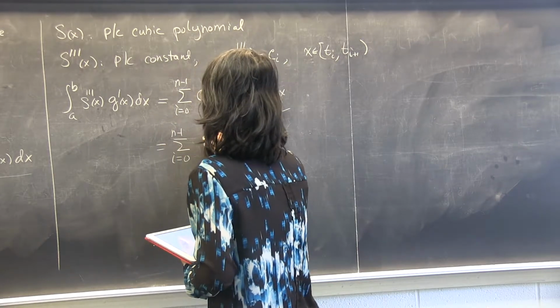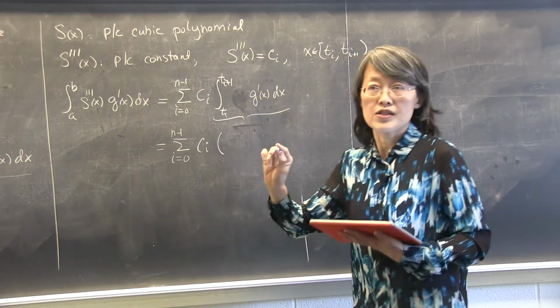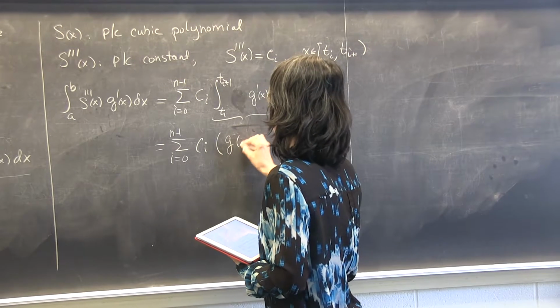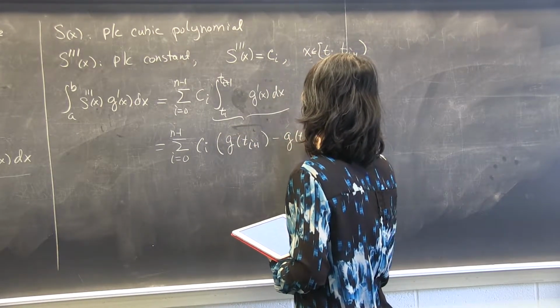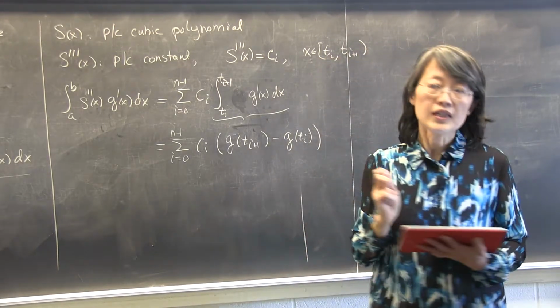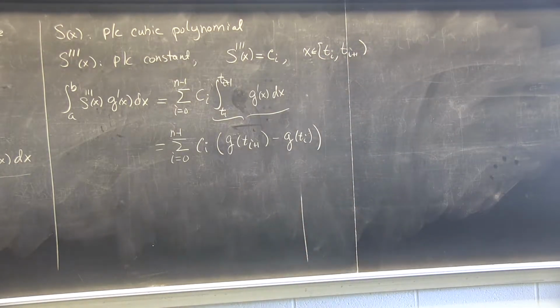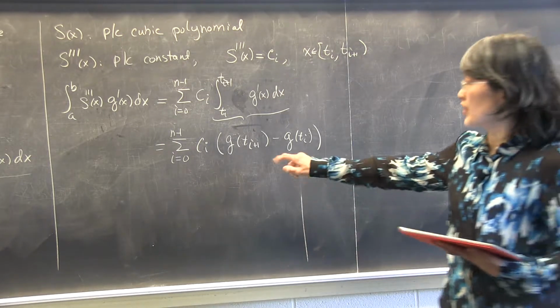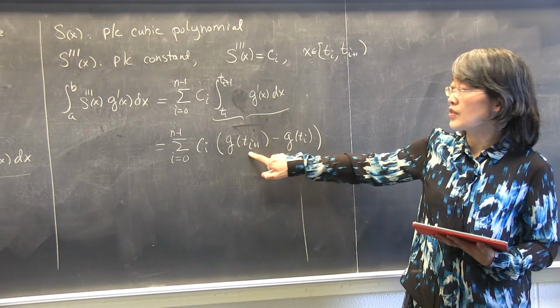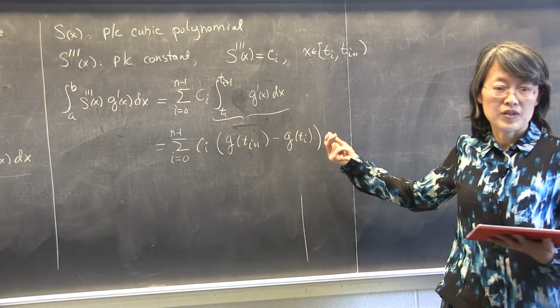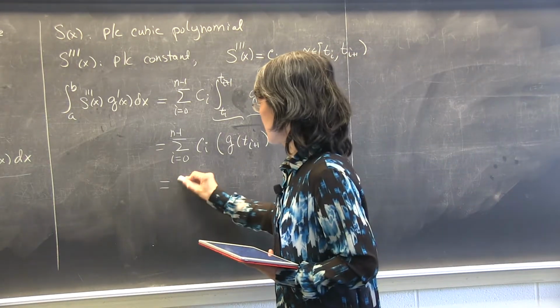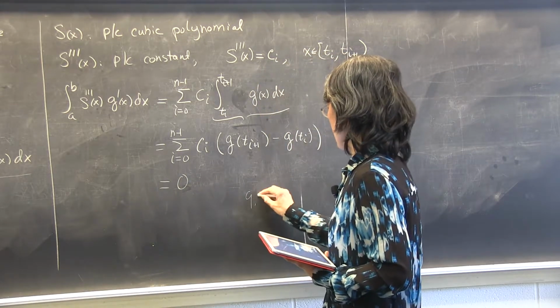Yes, the fundamental theorem of calculus tells me this equals g at ti plus 1 minus g at ti. Okay, I say I'm done. Do you agree? What do I have here? Don't forget g equals 0 at all ti's, right? 0, 0, a bunch of 0s add up, it's 0. And we're done.